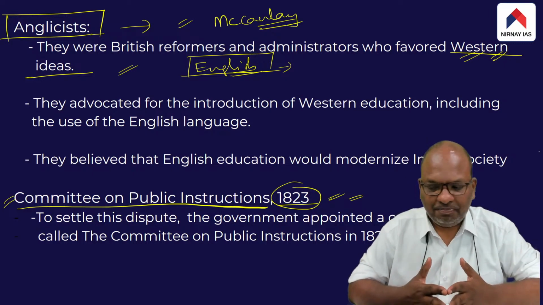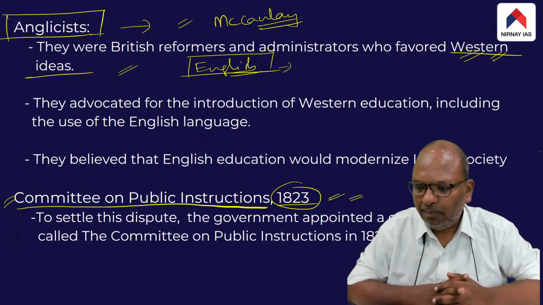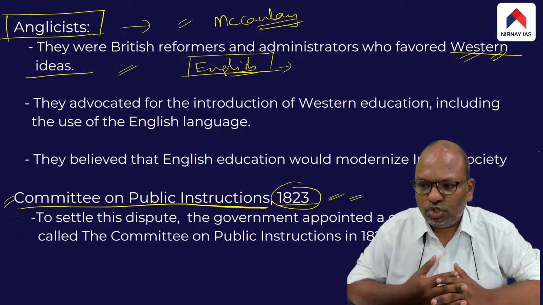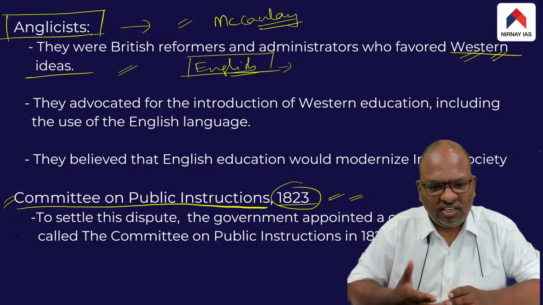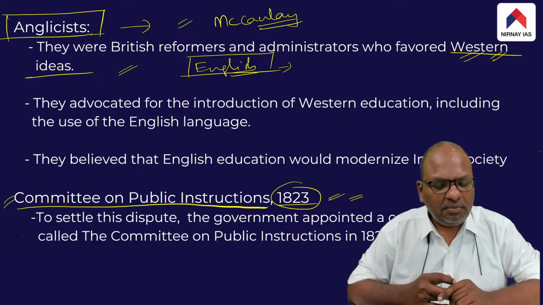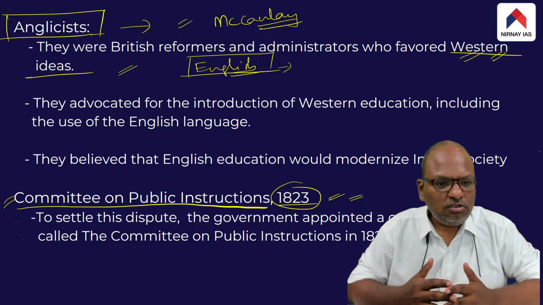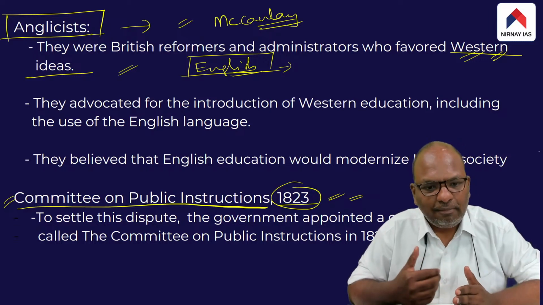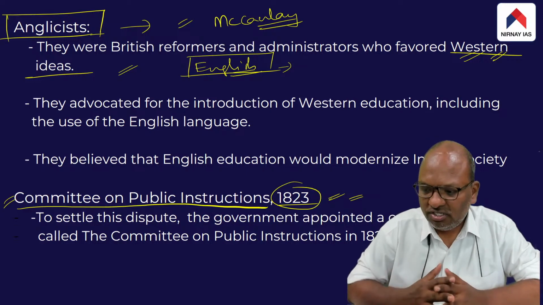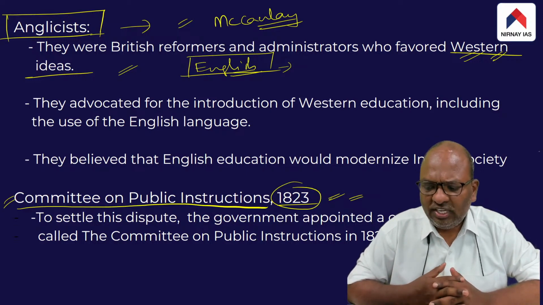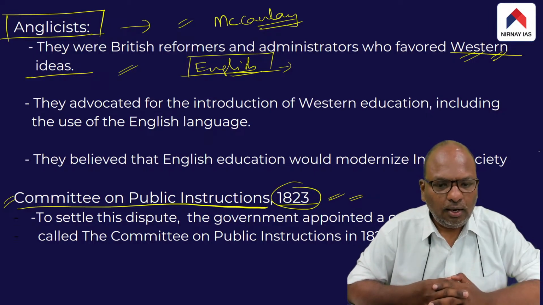I told you initially the British did not show any interest in promoting education in the country, but from 1813 onwards, the British started allocating money for the establishment of educational institutions. But though the allocations were made, the actual spending did not take place.